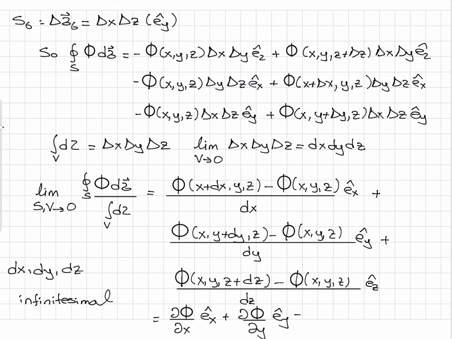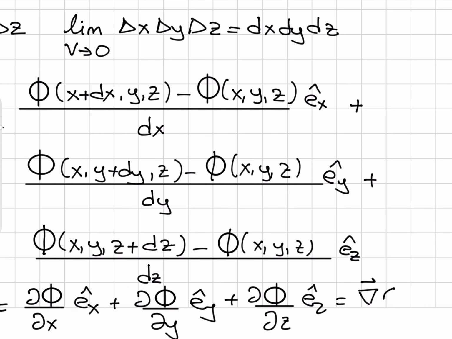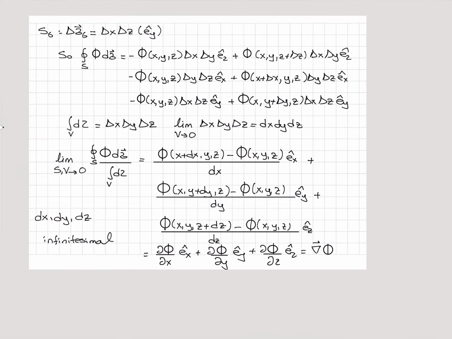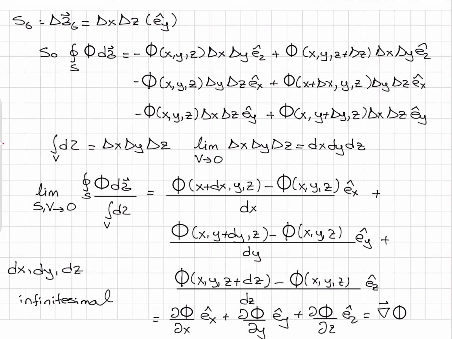And the last term is del phi del z ez hat, which is the gradient of phi. This is the gradient of our scalar function phi. Therefore, we have reached the conclusion that this statement is correct.